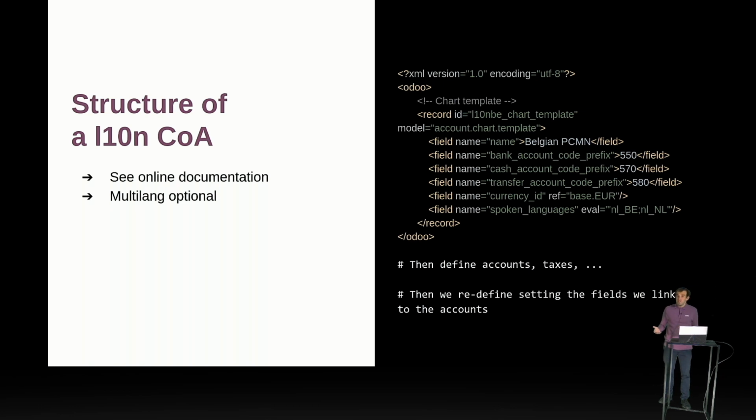In Belgium, we have that case because we have the northern Dutch part and the southern French part, so there are multiple languages that can be used legally, but most localizations are actually put in the language of the country itself. So they only have Lithuanian, for example. You define this chart of accounts, and now we will define all the contents of the chart of accounts, and then afterwards we will need to redefine that chart of accounts again.